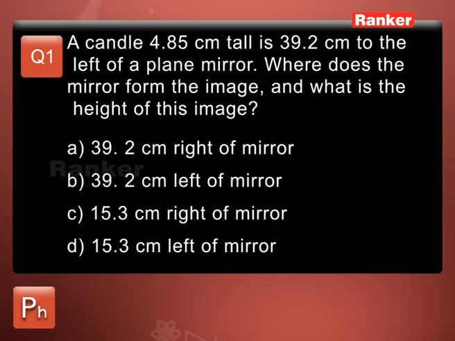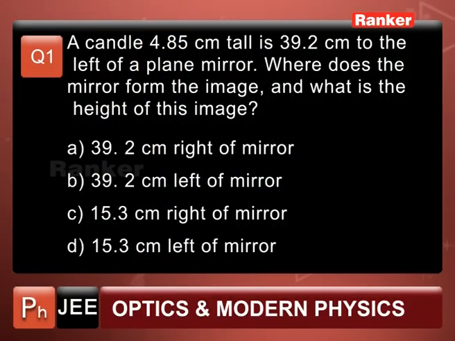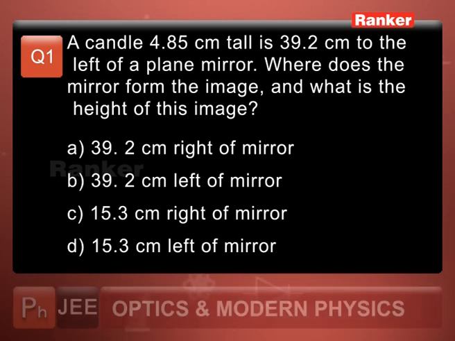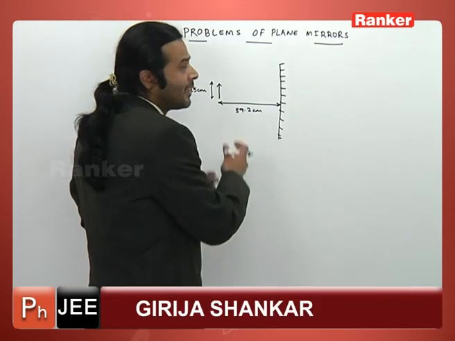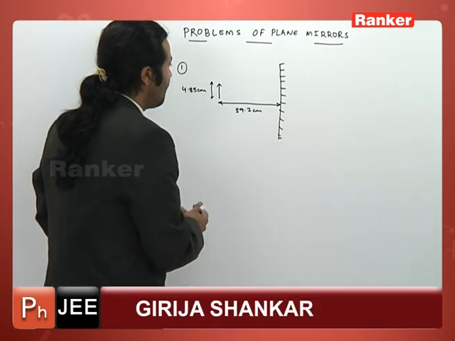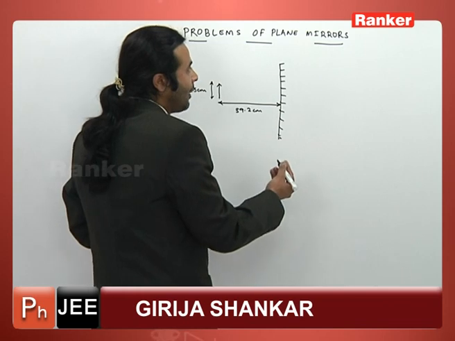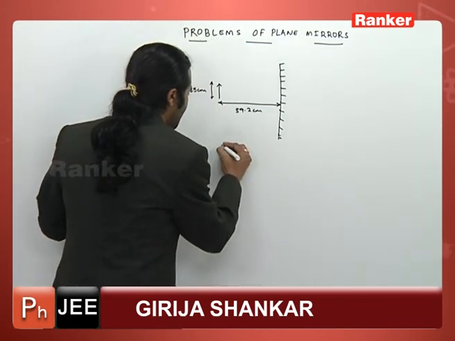The options are: A, 39.2 centimeter right of mirror; B, 39.2 centimeter left of mirror; C, 15.3 centimeter right of mirror; and D, 15.3 centimeter left of mirror. Now, since a mirror only reflects the perpendicular component, one additional thing I would like to say is about magnification.